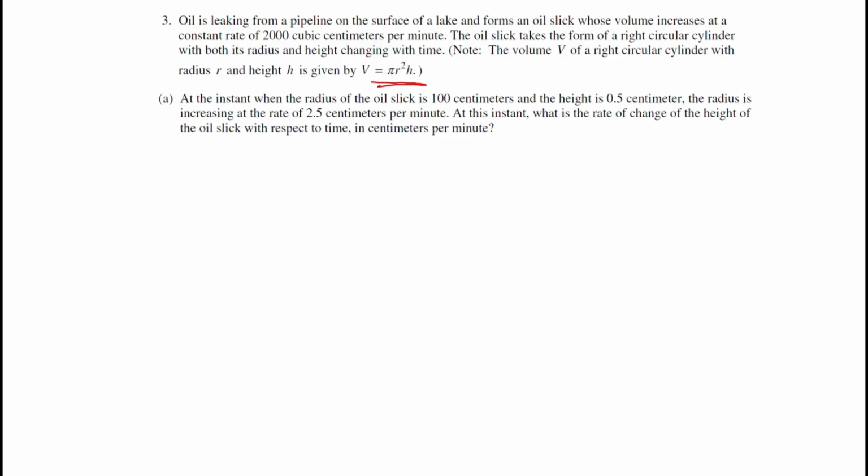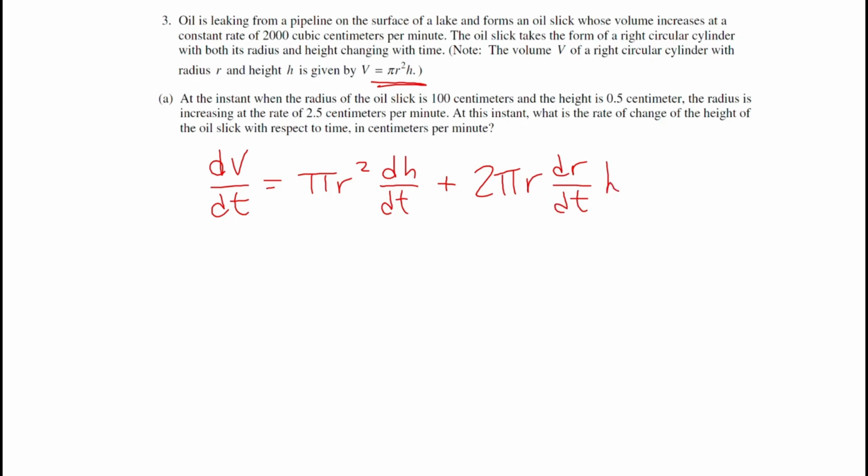Well, we have this equation V equals pi r squared h, so dV/dt should equal the derivative of that. So that's a product rule derivative. It's going to be pi r squared times the derivative of h with respect to t, plus the derivative of the pi r squared part, 2 pi r dr/dt times h.